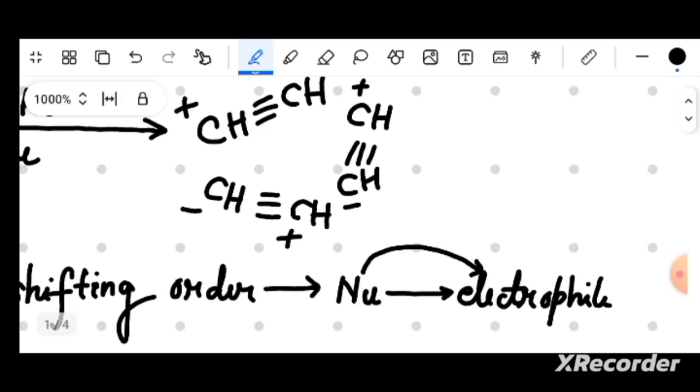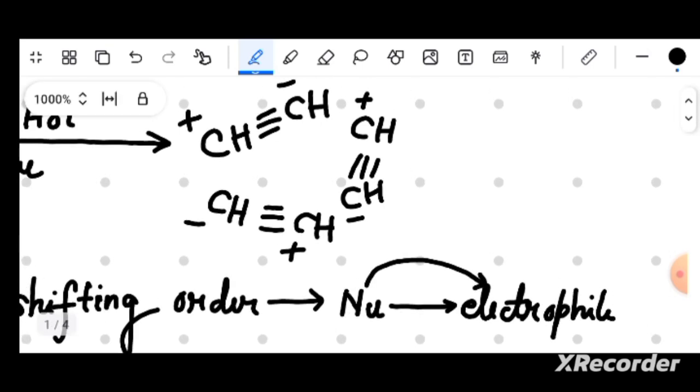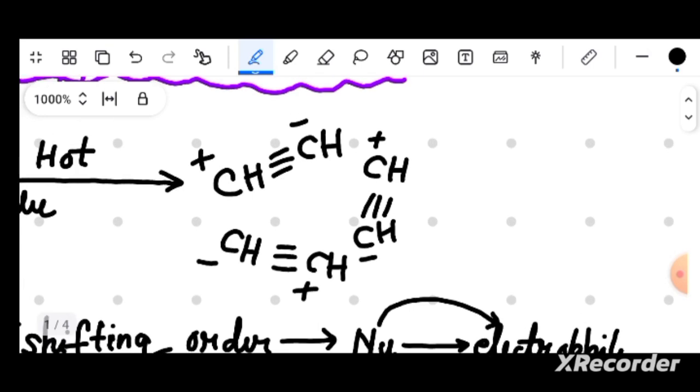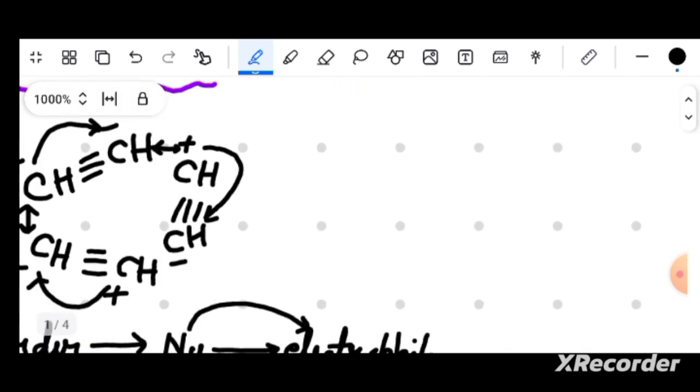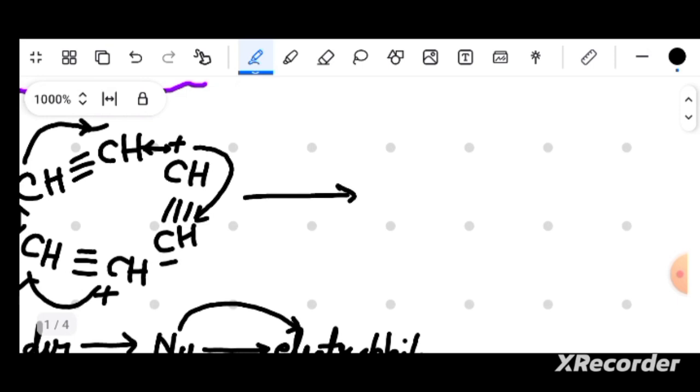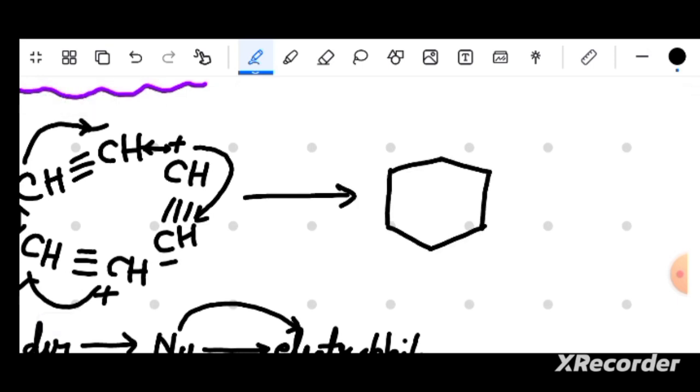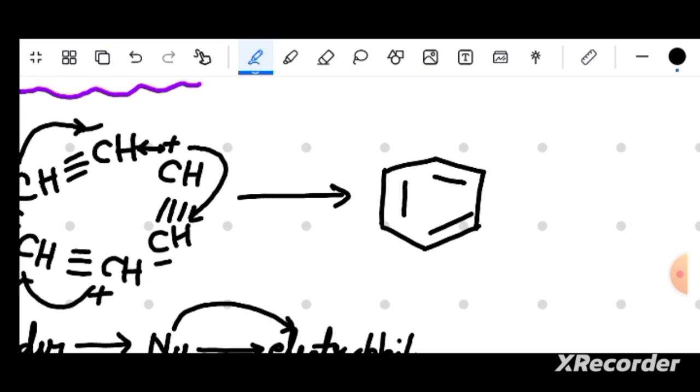In this case, both are carbon, so we can choose any one as nucleophile, any one as electrophile. From plus to minus, obviously it is giving away the electron, so positive charge will be left behind. And in this case also like this. And they all join together here, to form a structure like this. This is benzene.